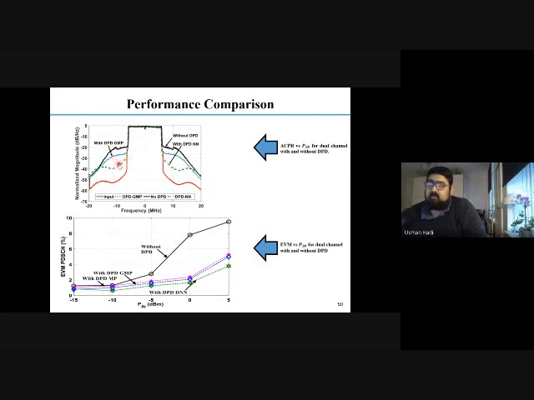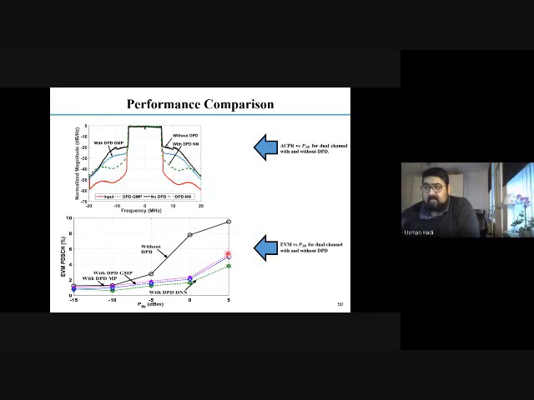If you see the EVM, which was around 9% for the type of laser that we were using, GMP gave around 4%. The neural network is giving a value of around 3.8, 3.7, and the benchmark or the limit is 3.5%.